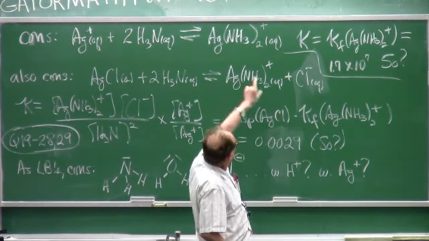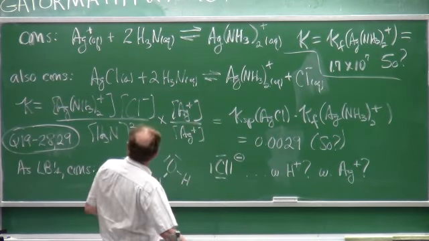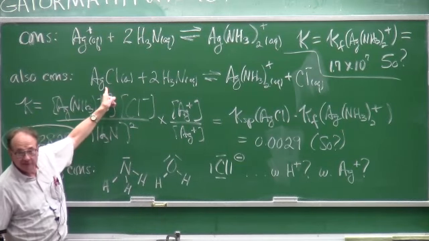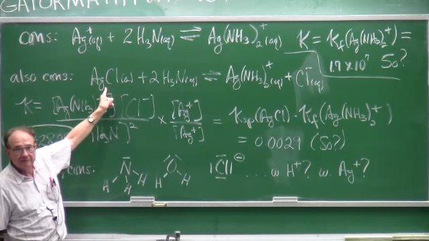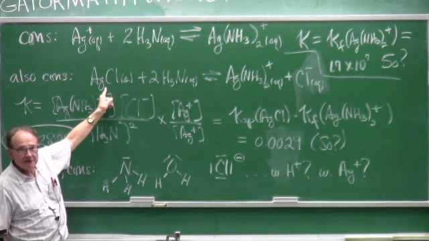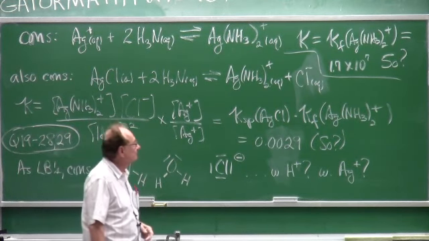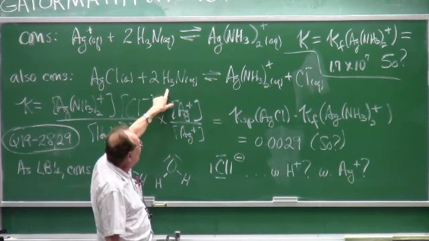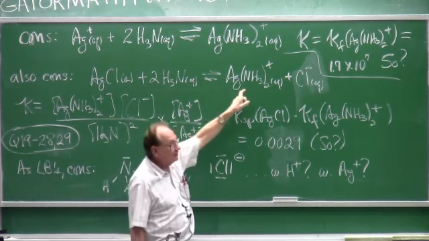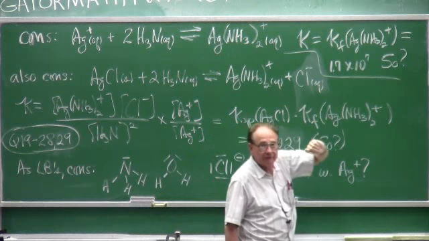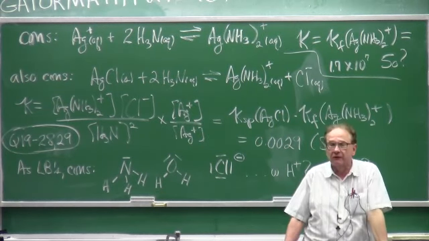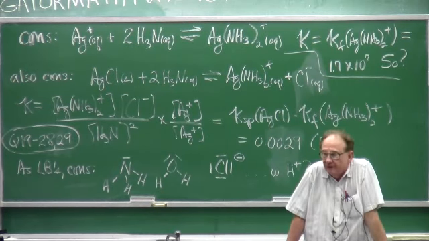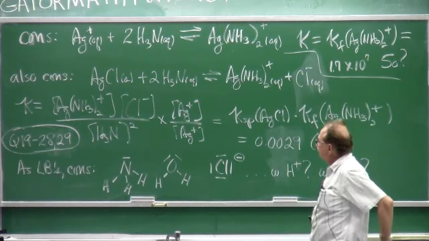The stability of this complex ion versus the stability of this material, which by itself is not very soluble in water. But if we can get this stuff to react successfully with ammonia and turn into the silver ammonia complex ion, we have available a method for putting silver chloride in solution. We're going to take a look at this.